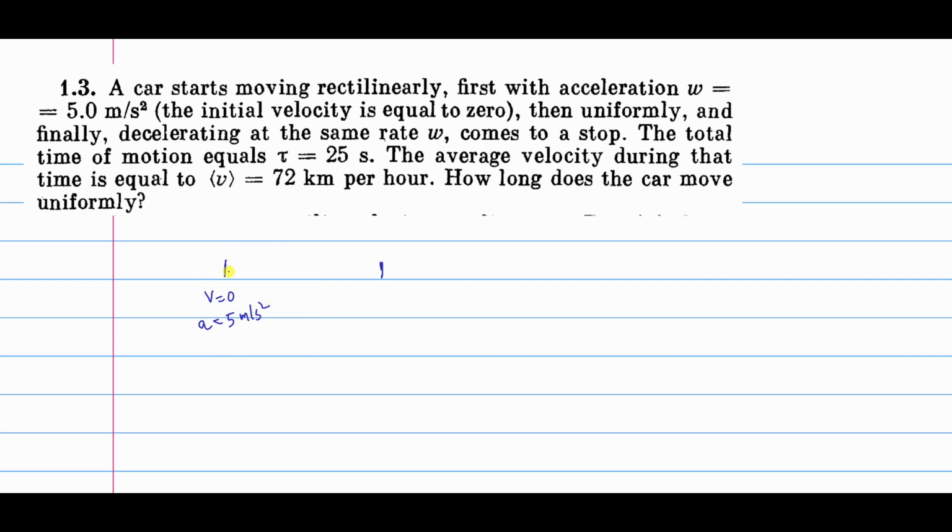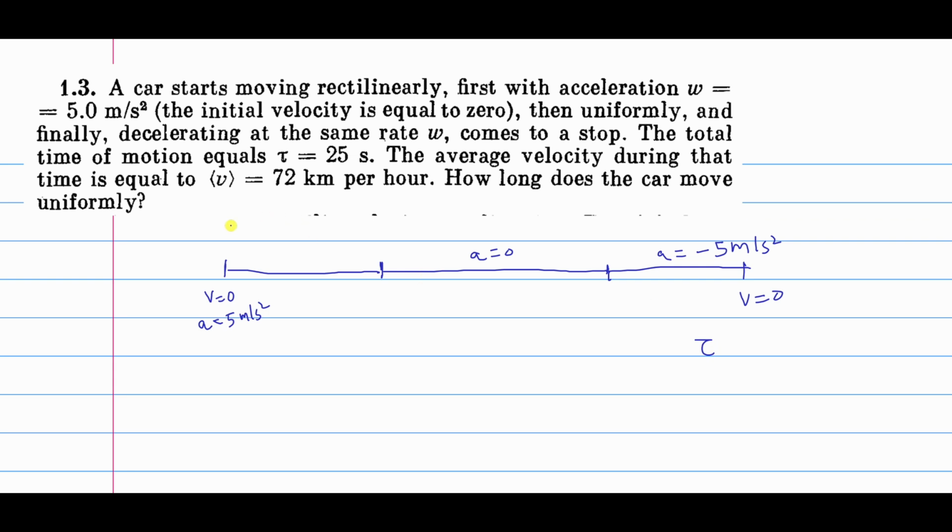It will cover this distance, and then for some time it will be at constant velocity, acceleration a equal to 0, and then during this time it will decelerate. So acceleration will be equal to minus 5 meter per second square, and finally the velocity will be equal to 0.